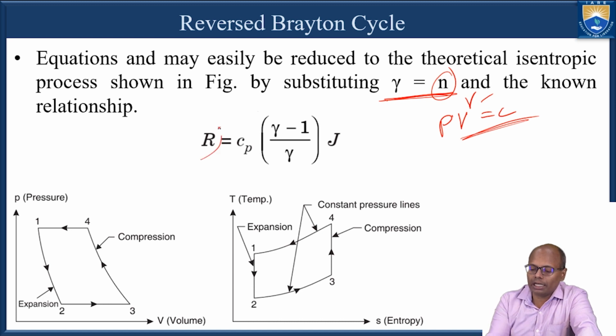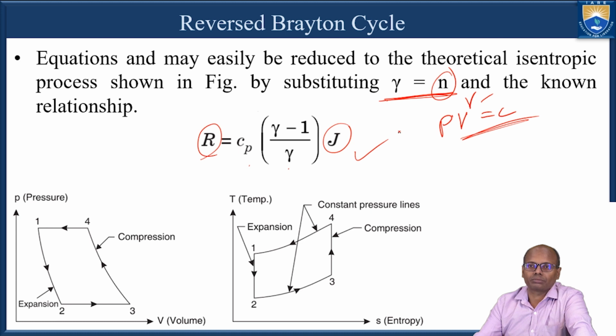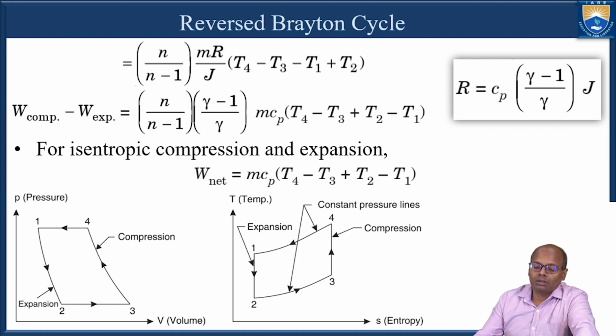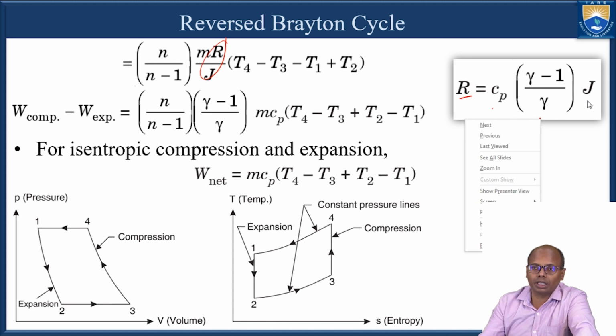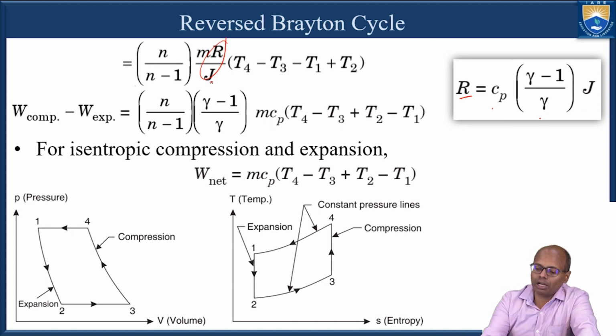Now, the relationship between R and J is R is equal to Cp into gamma minus 1 by gamma into J. Okay, R is equal to Cp into gamma minus 1 by gamma into J. Now, in this equation, if R by J is replaced here, what will it be?